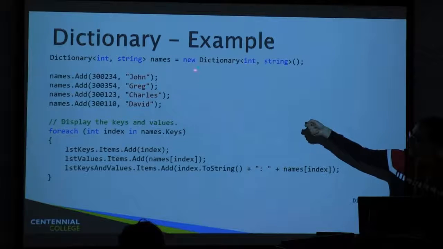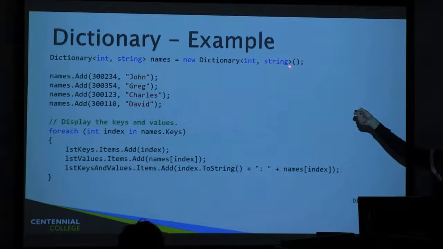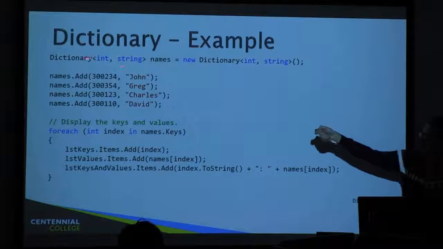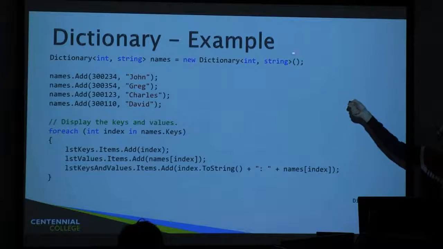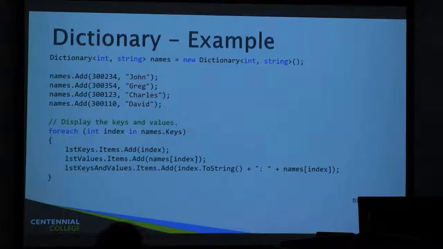We have the variable name, we have the new, and we create it by calling Dictionary again with the same types and the parentheses. So those numbers are always going to be associated with that specific name? Yes. However, you can access items and change them, the same way you can with lists.